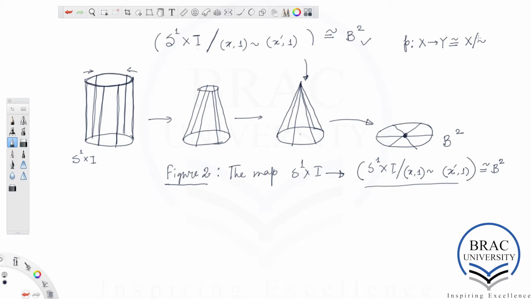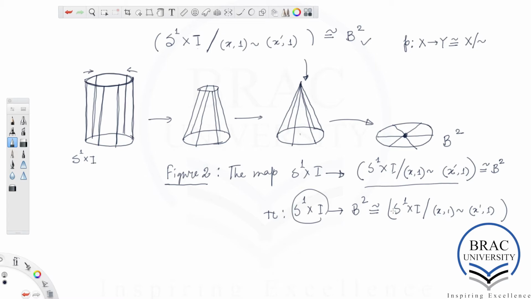So this is what's happening here. Because we are dealing with this quotient map, which we denoted by pi, this is homeomorphic to the quotient space S1 cross I modded out by this equivalence relation, (x, 1) identified with (x prime, 1).